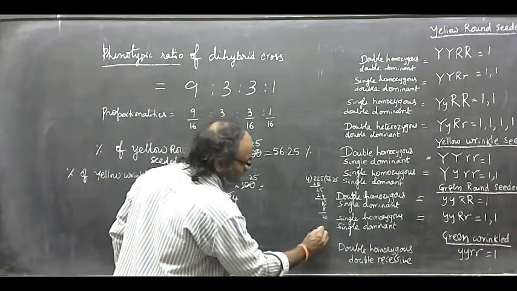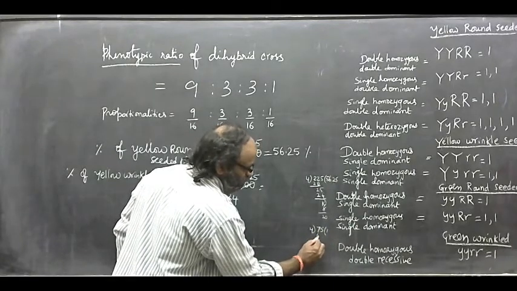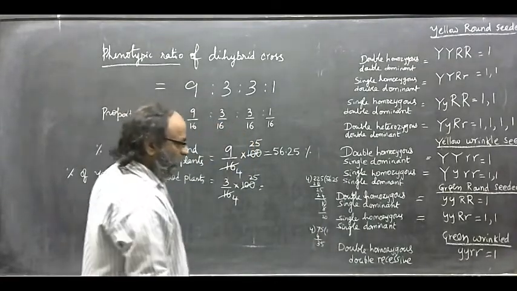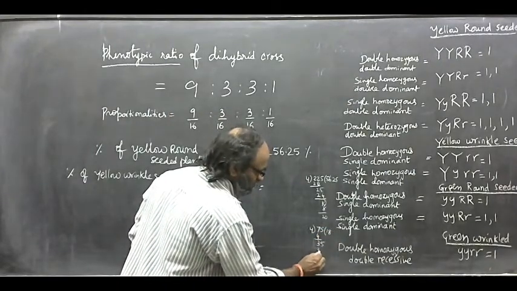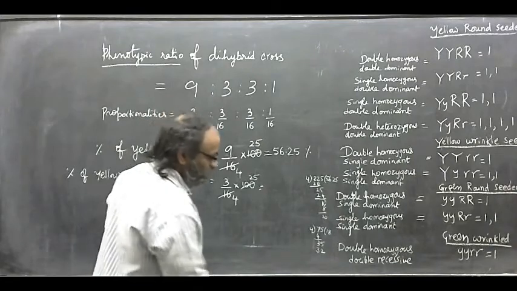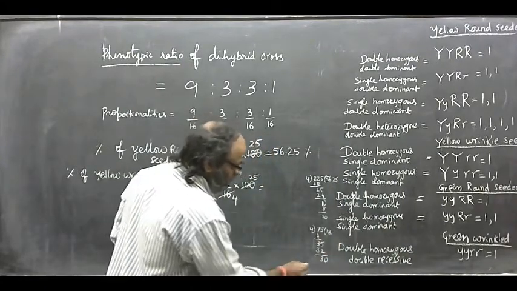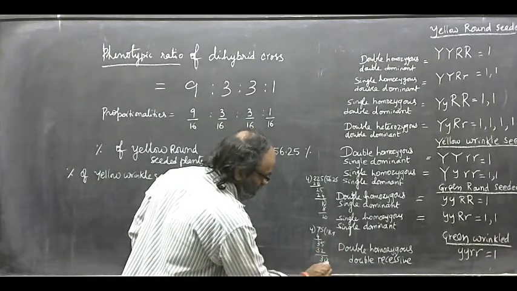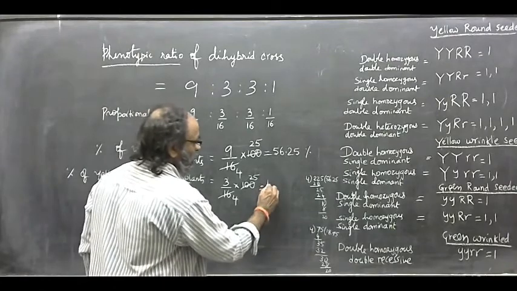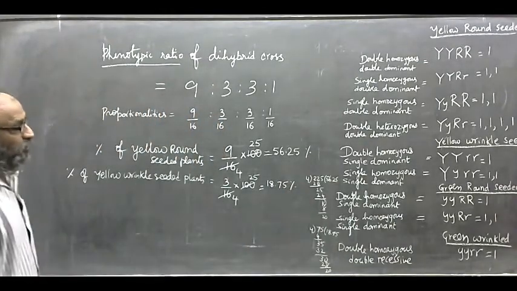It is 75 divided by 4, which gives 18.75. So 18.75% are yellow wrinkle seeded.